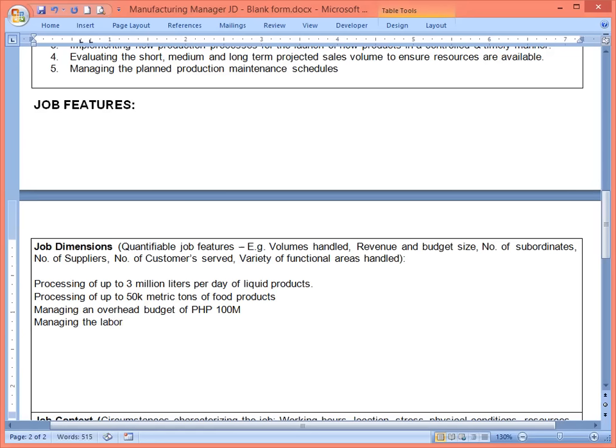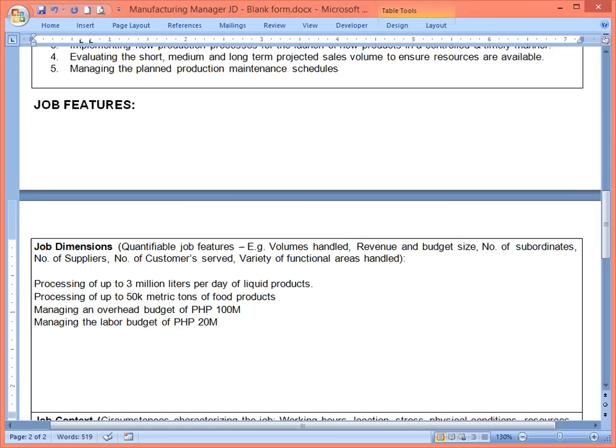Maybe you hire contractors to do some work for you. That will not go to the labor cost center. Maybe, okay, again, around 20 million. I think that's okay for the labor.